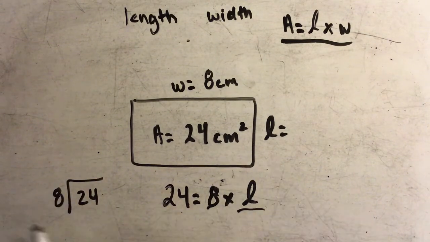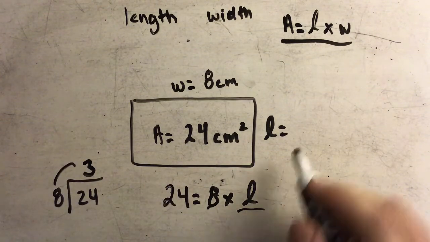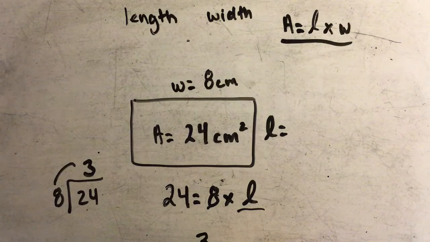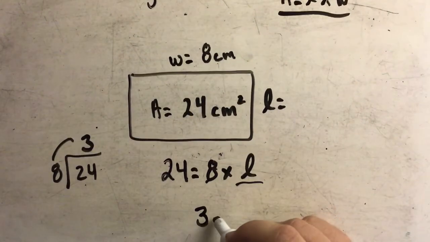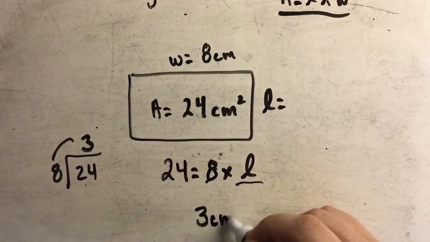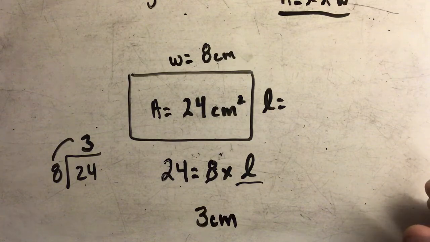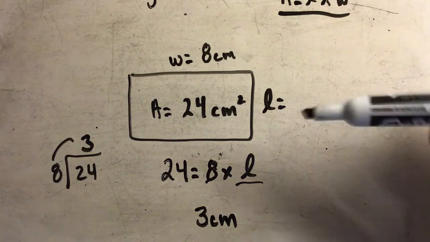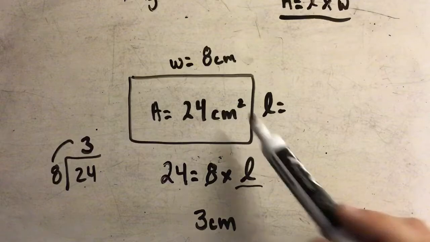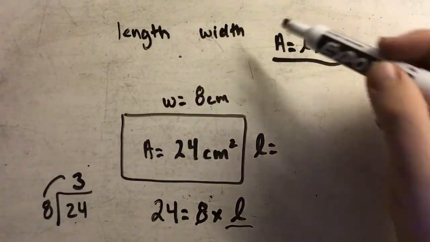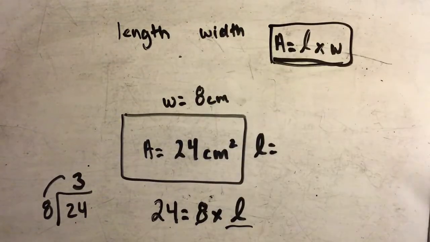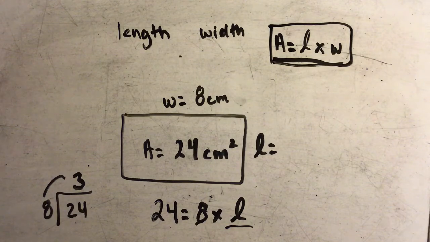And that is a basic fact. 8 goes into 24 3 times. So I would say that 8 times 3 is equal to 24. So the length must be equal to 3. And again, it would be 3 centimeters in this case. So you can find missing side lengths, or you can find the area by using the formula for area, which is length times width.